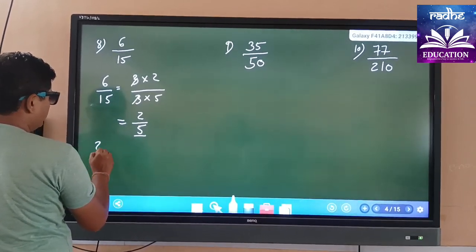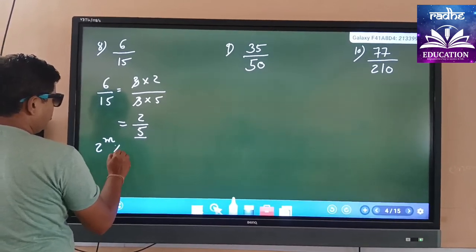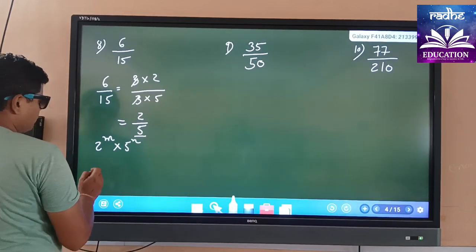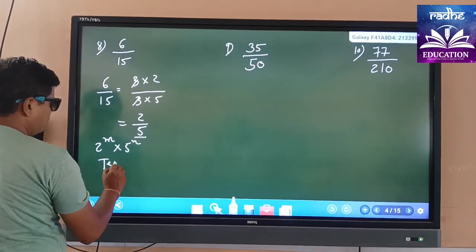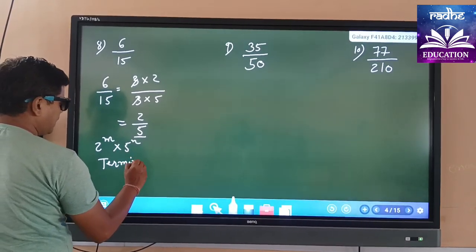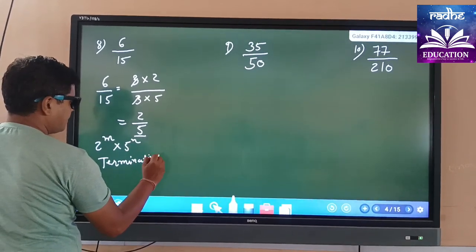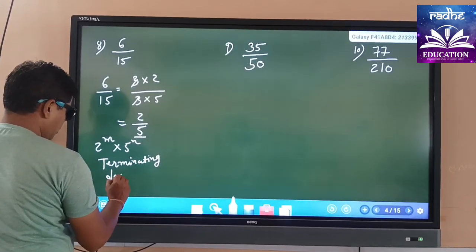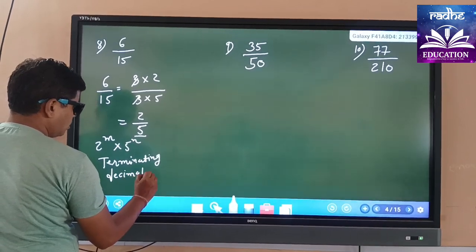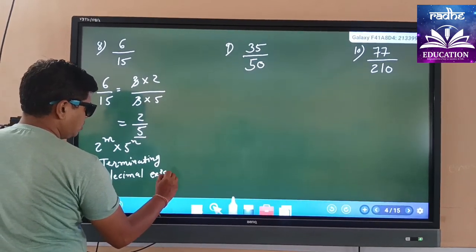Here the denominator follows 2 raised to m into 5 raised to n, and because of that reason it is a terminating decimal expansion.